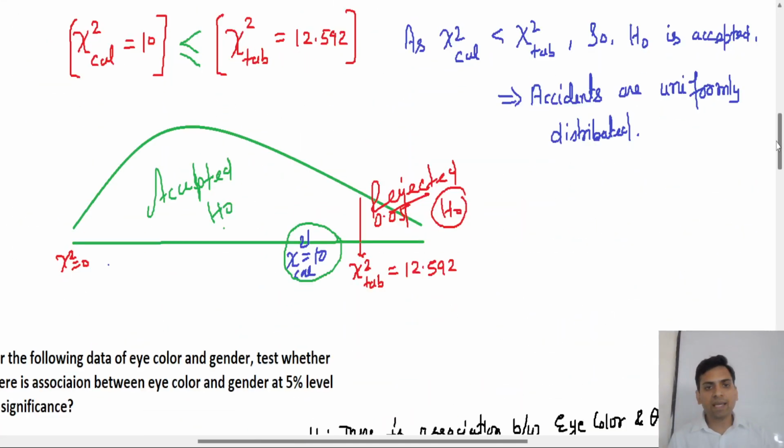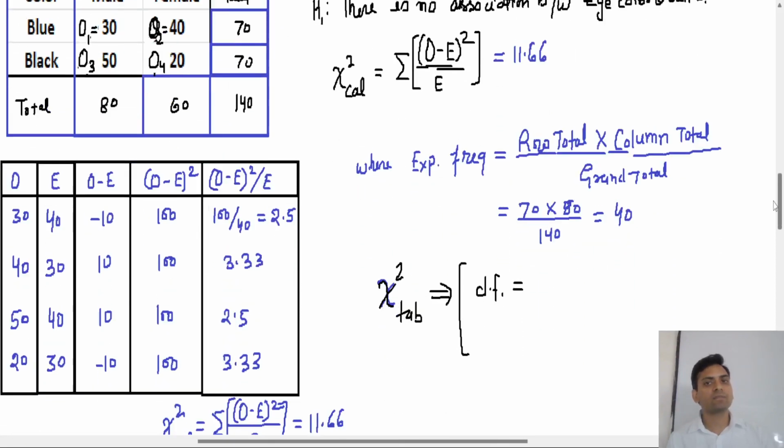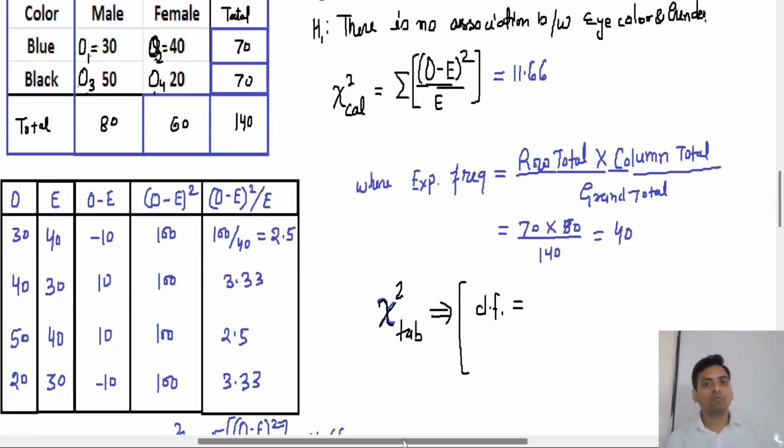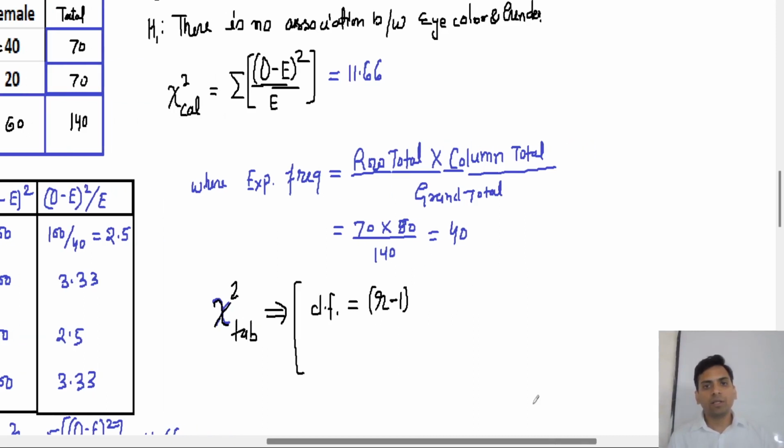But in this case, how many rows and how many columns do we have? We have 2 rows for black and blue color and 2 columns for male and female. So 2 rows, 2 columns case. In this case, the degree of freedom formula is number of rows minus 1 into number of columns minus 1.